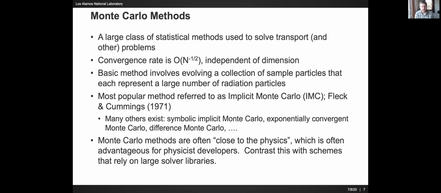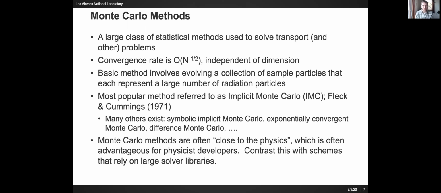And one of those directions that I think is reasonably well motivated, though it's not perfect, as we'll discuss, is Monte Carlo methods. So first, what are Monte Carlo methods? They're a large class. There's not one Monte Carlo method. It's a large class of statistical methods that are used to solve transfer problems, but lots of other problems too.